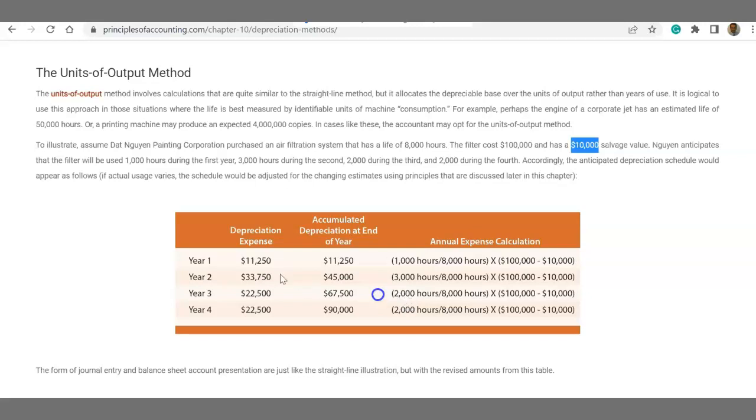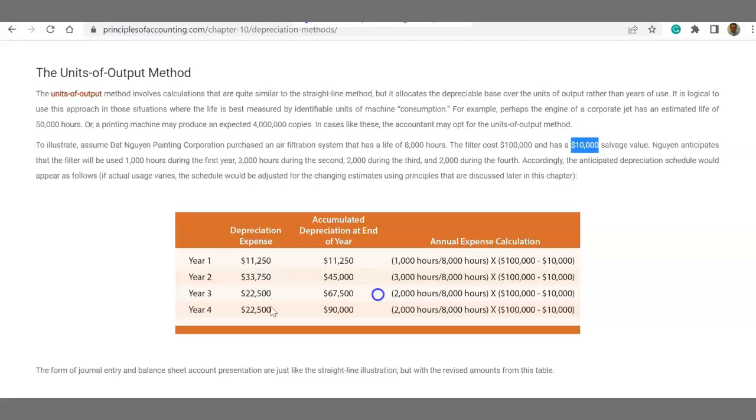So every year your depreciation expense will be higher or lower, depending on your activity. And this matches somehow with your revenue, because if you drive less or use less, then technically you have less revenue also. If you use more in that year, then probably your revenue is also more in that year.